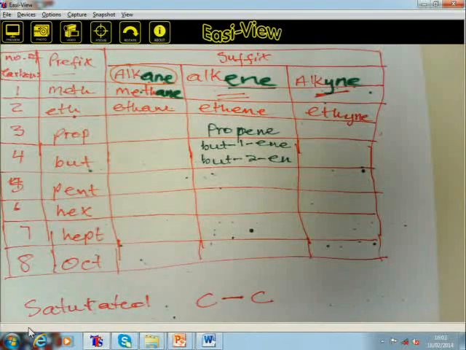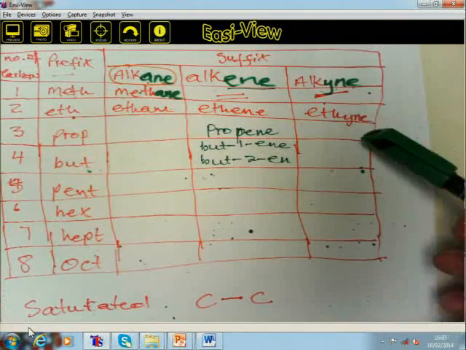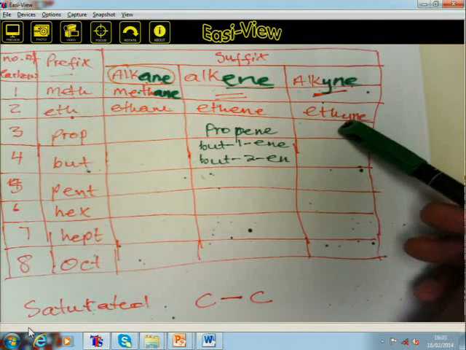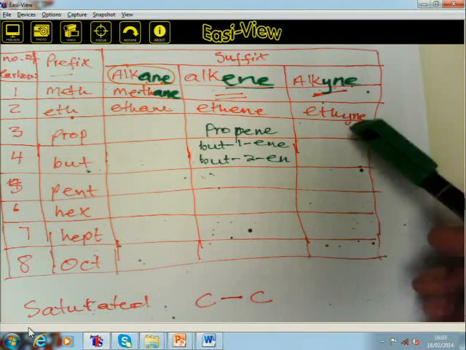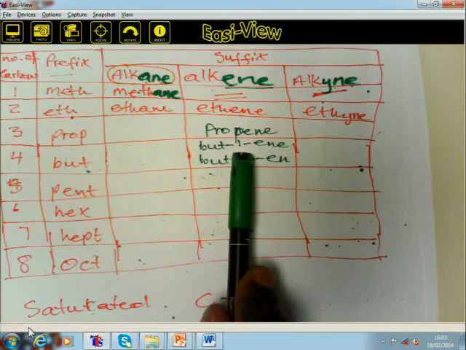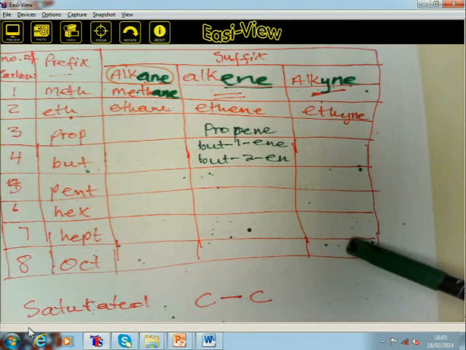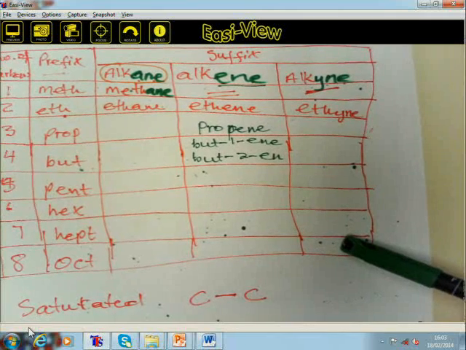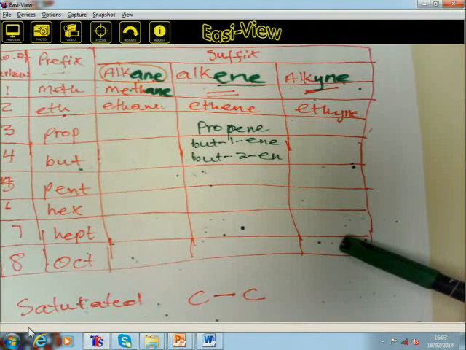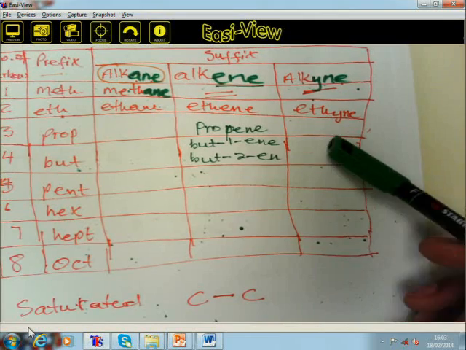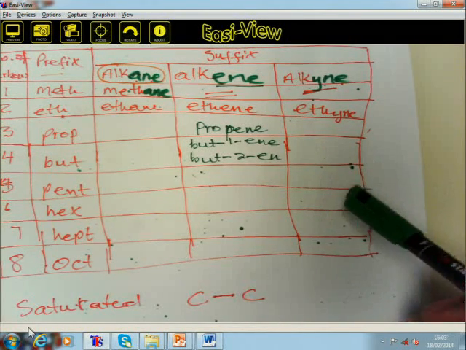So we don't have the name there. We'll have ethyne, we'll have propyne, and so on, the same way as we have done with the alkene. You must also check here where your triple bond is, because we need to indicate the position of the triple bond. So it's important to indicate the position.